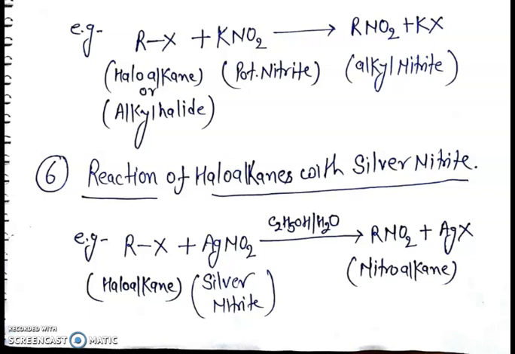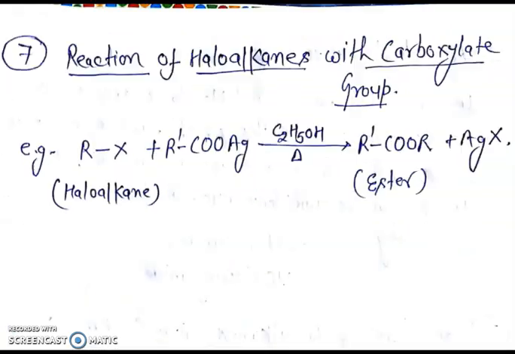The general reaction is given when haloalkane reacts with silver nitrite in the presence of aqueous ethanolic solution to give nitroalkane. Seventh, reaction of haloalkanes with carboxylate group. The general reaction is given when haloalkane reacts with silver salt of carboxylic acid in the presence of ethanol to give ether.